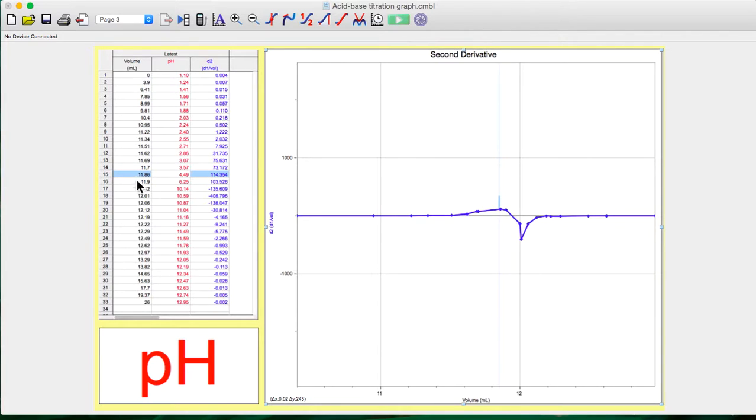Still, I could zoom in a little bit further, so maybe it's in and around 12, so maybe 11.5 to 12.5.